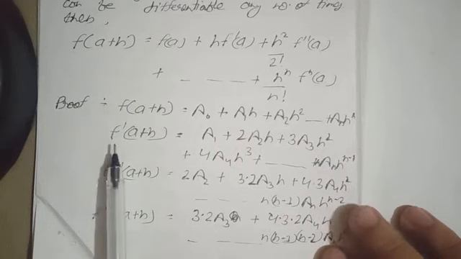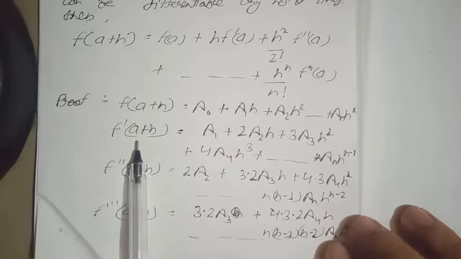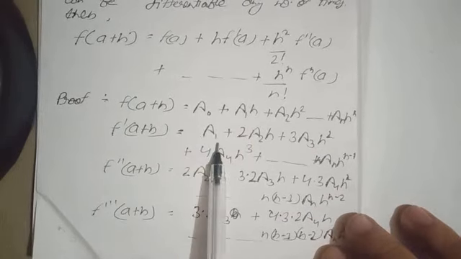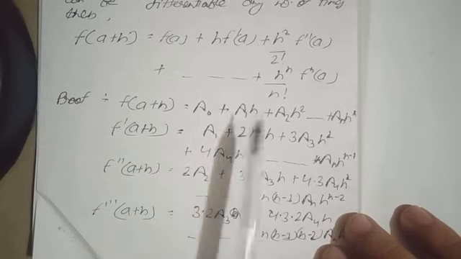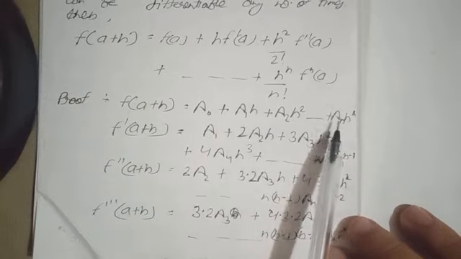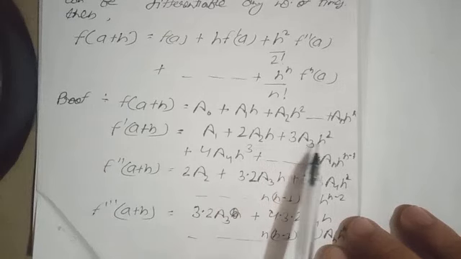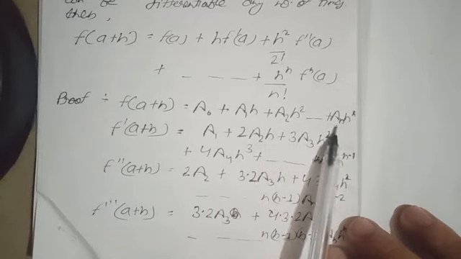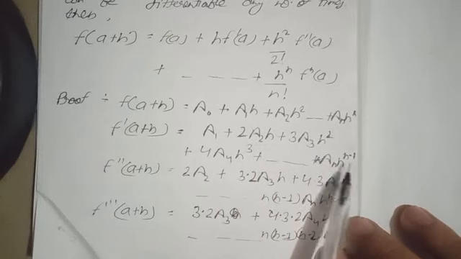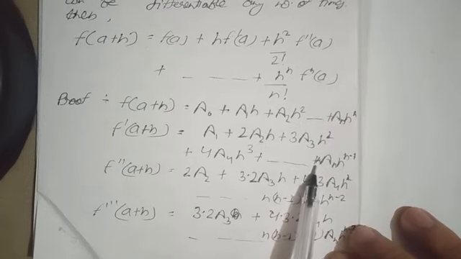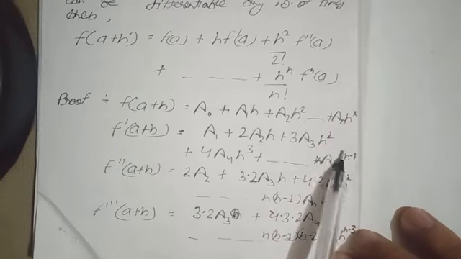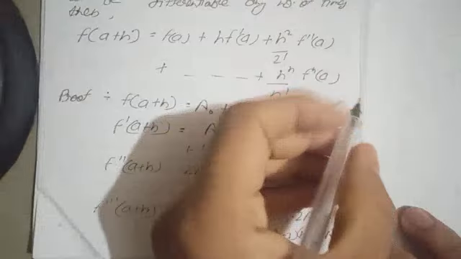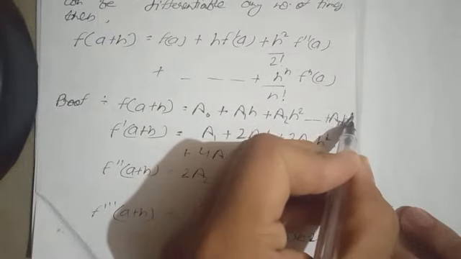So first time differentiation, f dash (a+h) is equal to a1 plus 2a2 h and 3a3 h square and so on, n a_n h^(n-1). Here it is n.